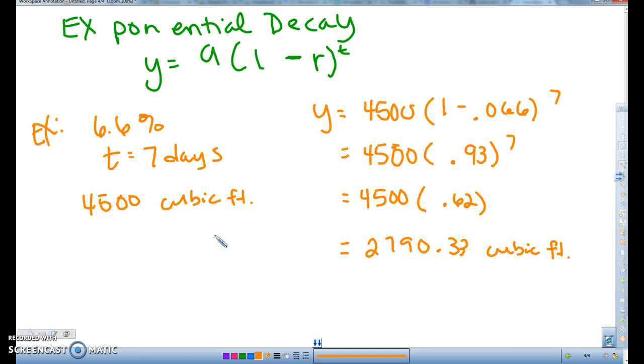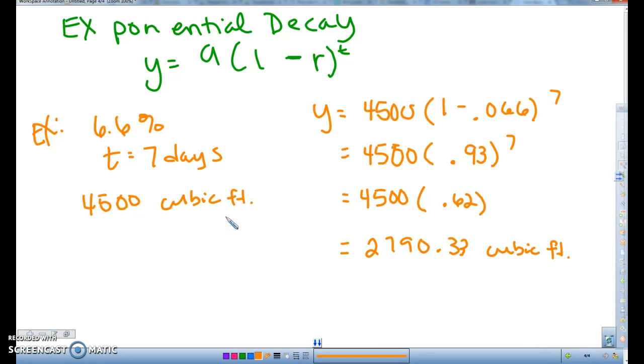Okay, so this is something where maybe the amount of a radioactive substance I have is that 4,500 cubic feet, and it is decaying over 7 days at a rate of 6.6%. How much do I have left? Well, now I only have 2,790.33 cubic feet.